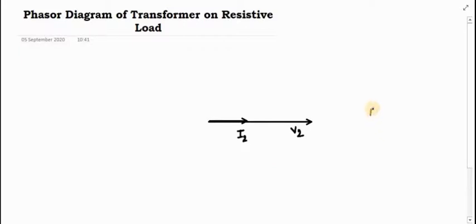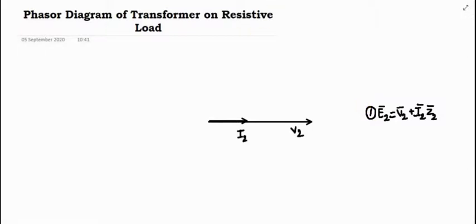Now what is the first equation we have seen? E2 is nothing but the vector addition of V2 and the impedance drop in the secondary winding. So I2 Z2 is nothing but I2 R2 plus I2 jX2.